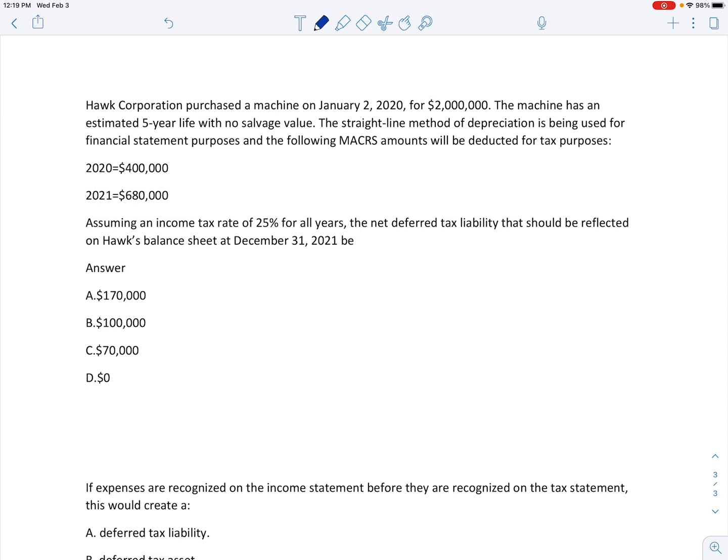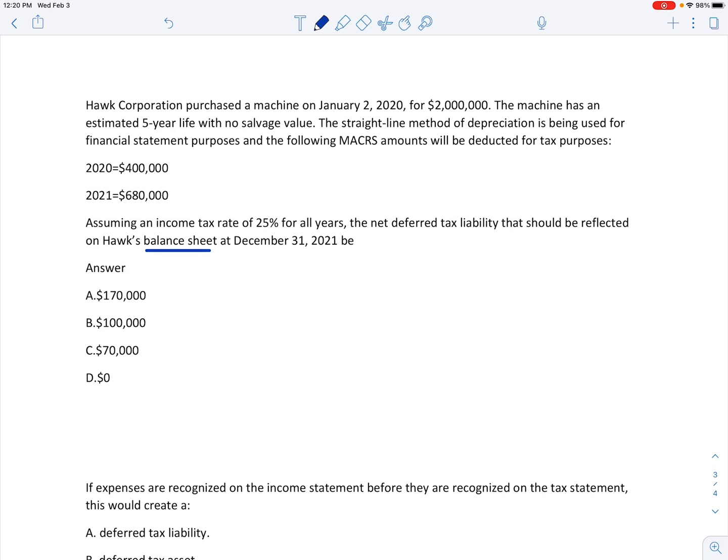This first problem is a calculation, and the company is using straight line depreciation for the income statement, but using an accelerated method for tax purposes. Again, we can do that, but it's going to create this difference. The difference comes through in the depreciation, which affects our expenses. They want to know what should be reflected on the balance sheet.